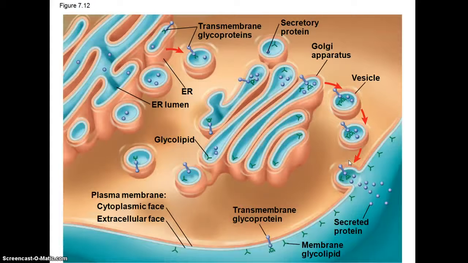This releases the proteins from the cell, a process called exocytosis. It also positions the carbohydrates of the membrane glycoproteins and glycolipids on the outside face of the plasma membrane. So here we can see, because of this fusion, we're now going to have our glycolipids and our glycoproteins attached to the right side of the membrane.